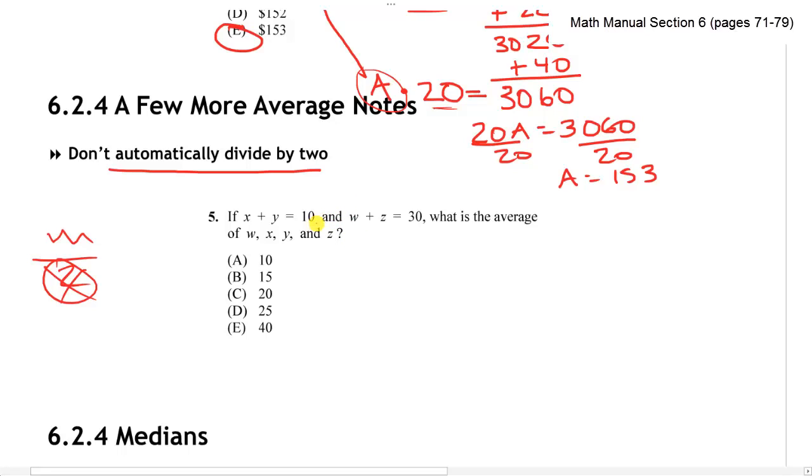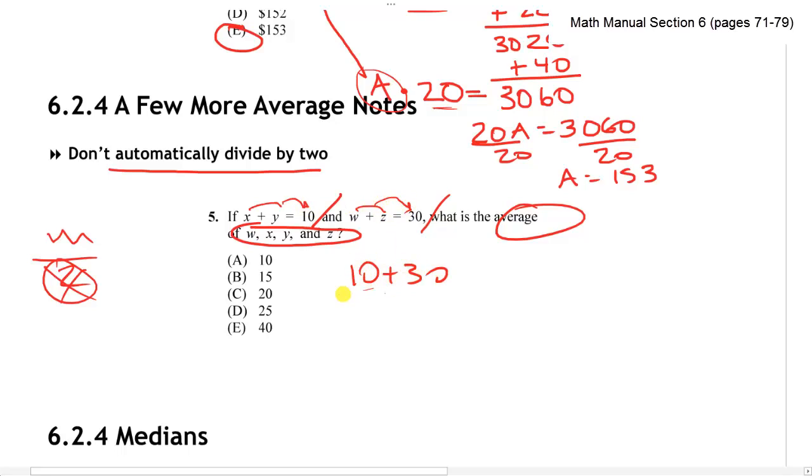In number 5, we've got one equation, we've got another equation. ETS is asking us for the average of these 4 numbers. But what a lot of students will do, since they know they need to add up these 4 numbers and they know that x plus y is 10 and y plus z is 30, some students will say 10 plus 30, and then they'll divide by 2 because they only see 2 numbers up here in the numerator.